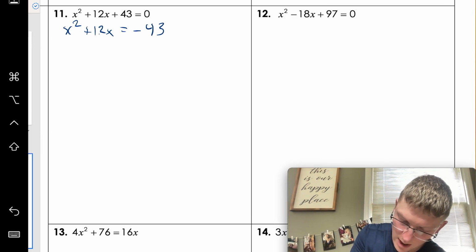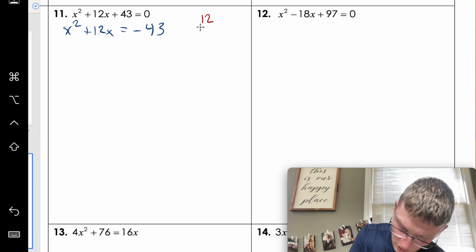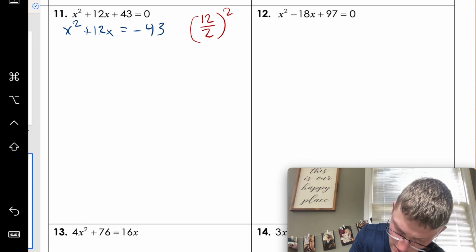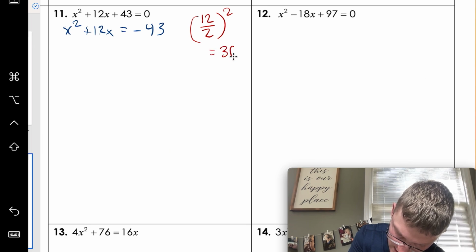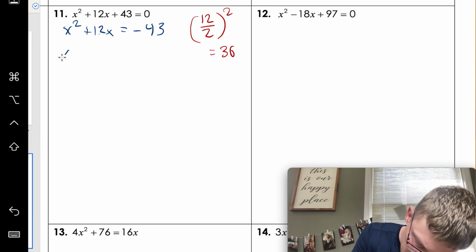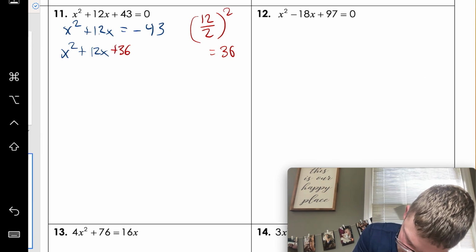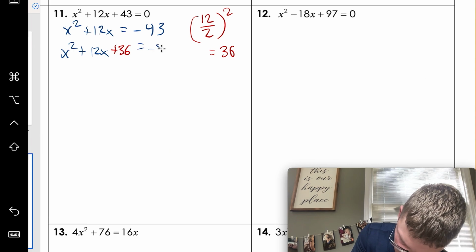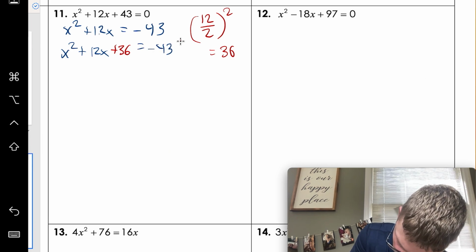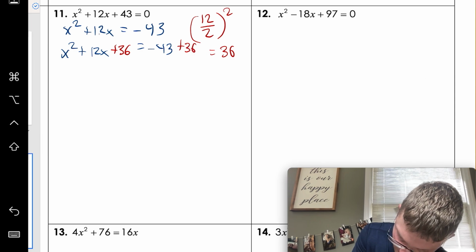So then our number that we're going to add is 12 divided by 2 squared. 12 divided by 2 is 6, so we're going to have 36. So we got x squared plus 12x plus 36 equals negative 43 plus 36.